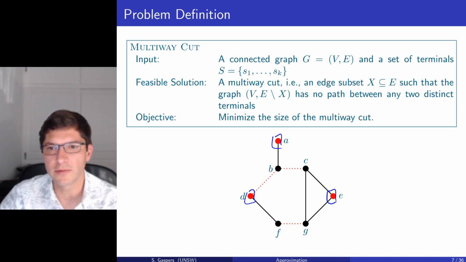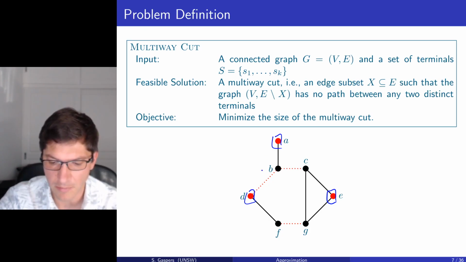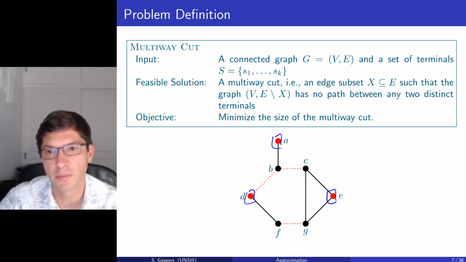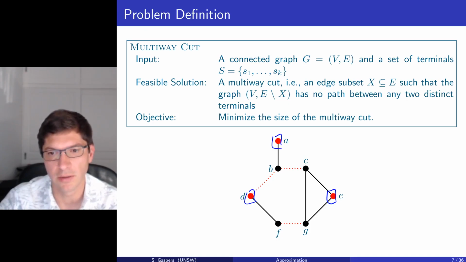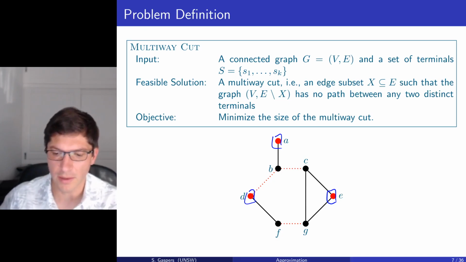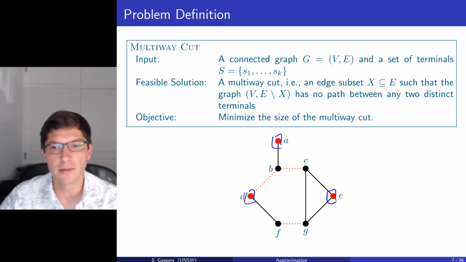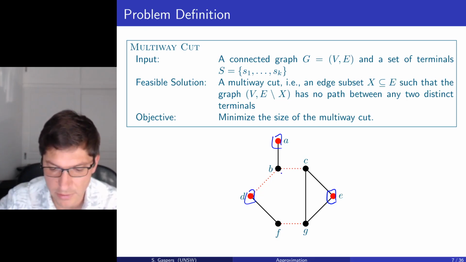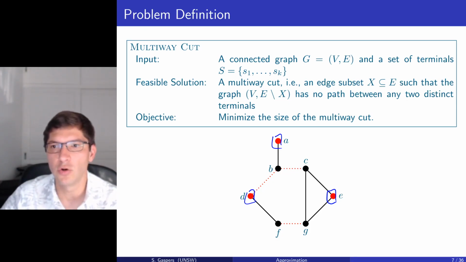Now, what's a feasible solution? In a feasible solution, we basically want to delete edges from this graph so that each terminal cannot reach any other terminal. So there's no connection anymore between any two terminals in the graph. The multi-way cut will be a subset of edges, such that if we delete this subset of edges, and here it's the red dotted edges, then there's no path between any two distinct terminals anymore.